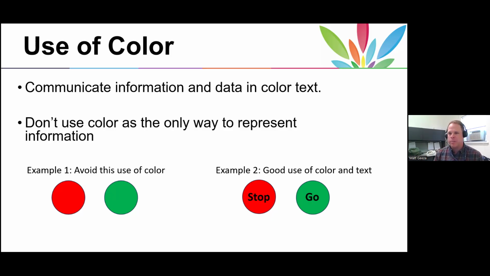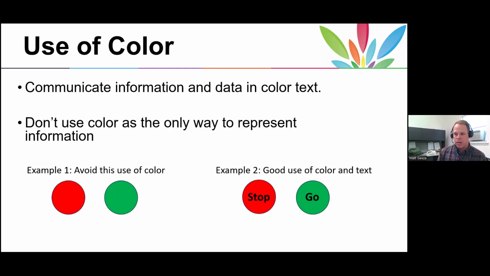In example two, a good use of color and text, we've simply placed the word stop inside the red circle and the word go inside the green circle. So not only sighted folks can tell the difference between the two circles. Anybody who's blind or colorblind would have a very difficult time otherwise.